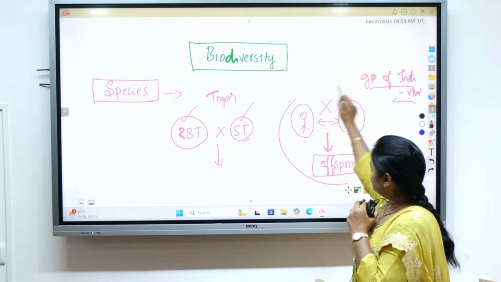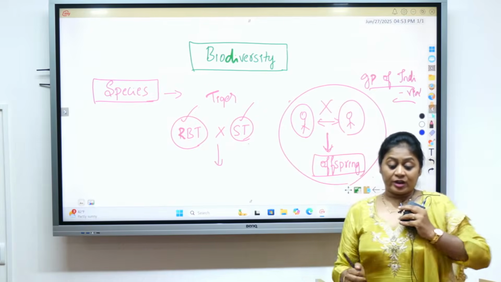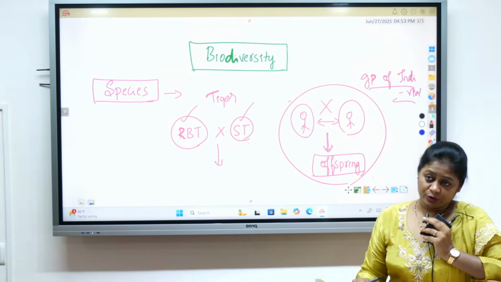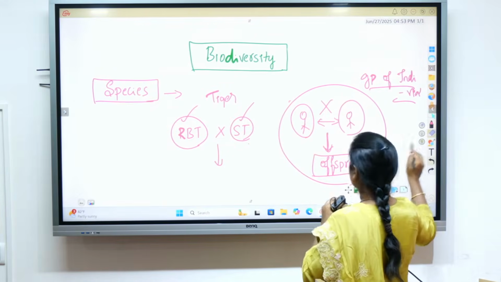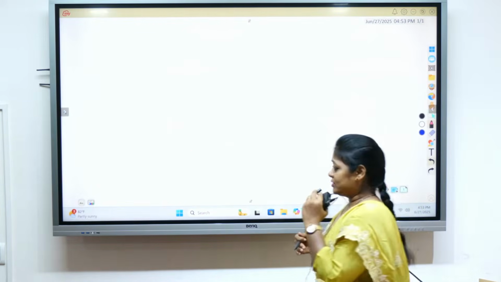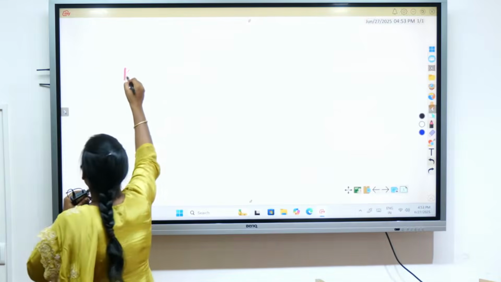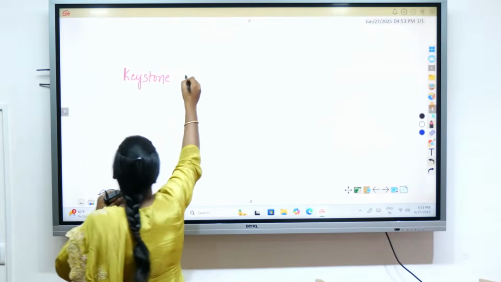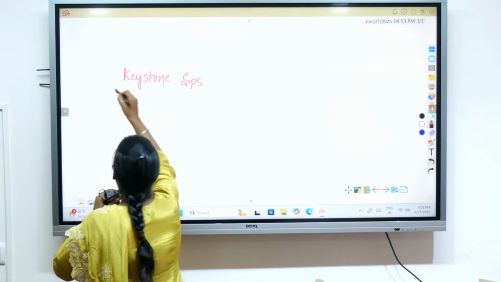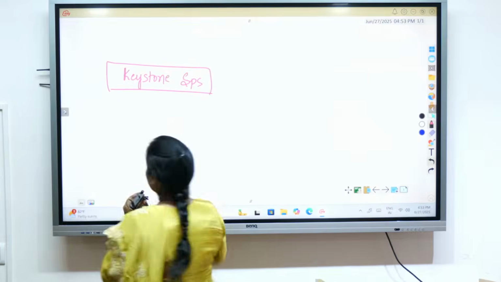Okay. Now there are certain other keywords you must remember, because I keep repeating these words. Keystone species. What do you mean by this? What are keystone species?